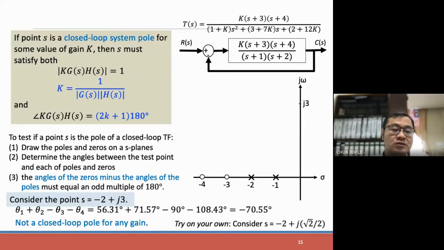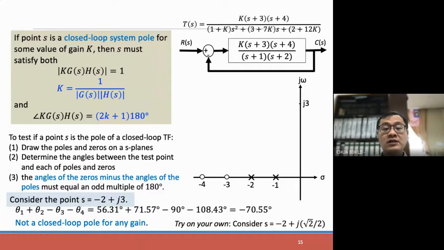To test if a point S is the pole of a closed loop transfer function, you may also draw it out. Here you may draw the poles and zeros. What we have previously is exactly the same transfer function, so we draw it out.